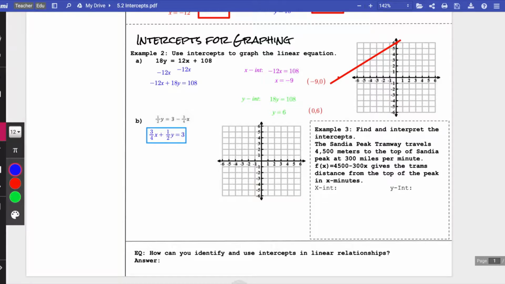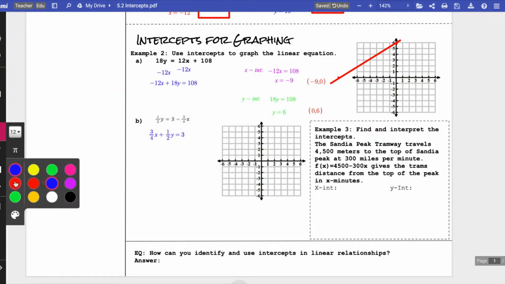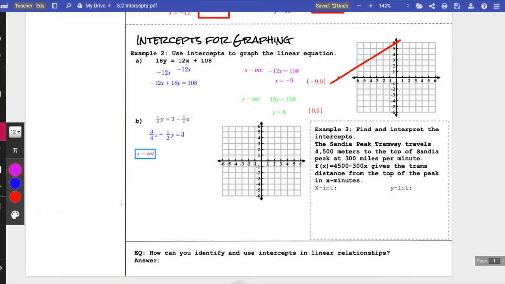All I did was move the 3/4 x over, so I just changed the sign. All right, now that I got that, I'm going to go ahead and find the x-intercept.